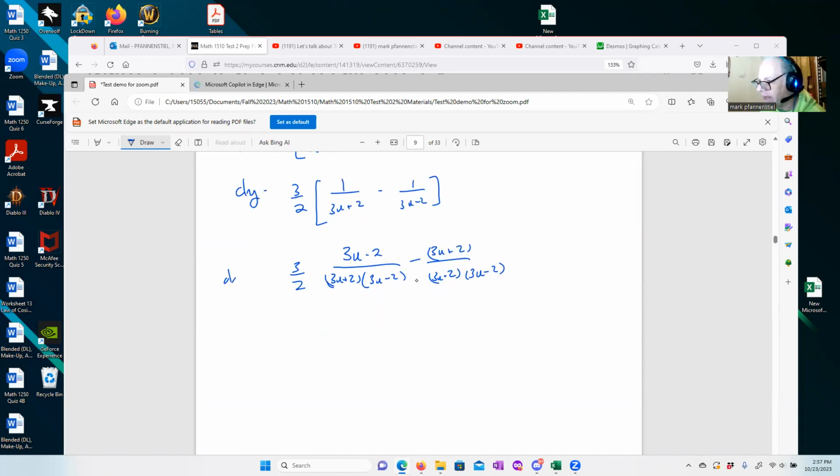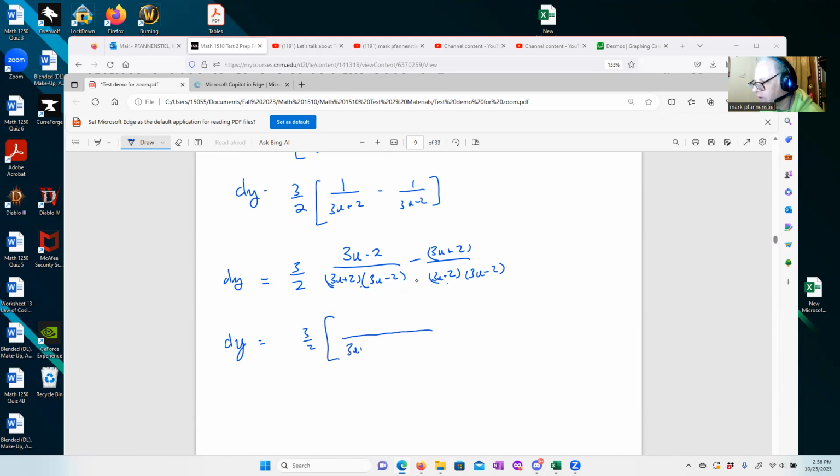This is still dy equals 3/2 dy equals, and I've got 3u minus 3u, that makes it 0. So these two are going to cancel. The common denominators are now the same.